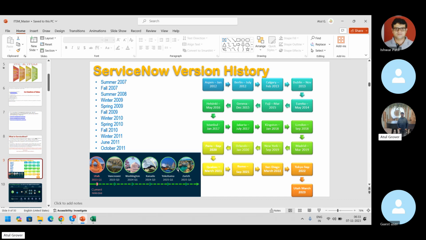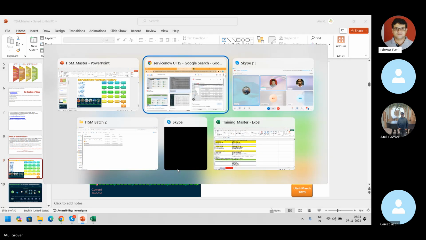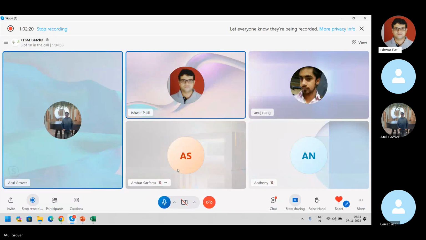This is all about ServiceNow. Any doubt, any question? Yeah, I have a point to raise. ServiceNow is one of the great tools. It's bringing all the features and facilities to companies who can leverage them day to day. But having said that, it releases twice a year, right?